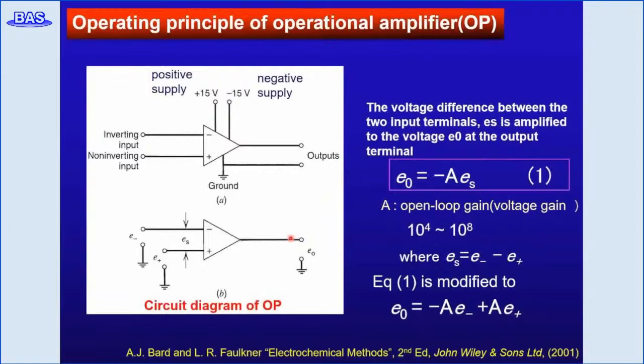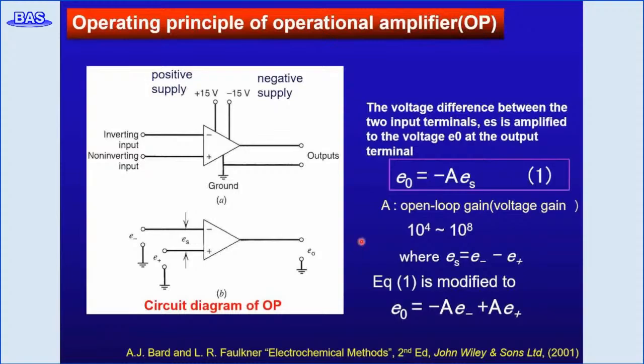Another IR compensation is positive feedback using operational amplifiers. A positive feedback loop tends to cause the potentiostat to become unstable or to oscillate. An operational amplifier is a packaged integrated circuit.